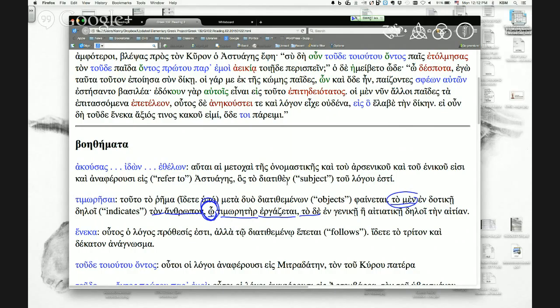Works, does something, right? So what would this word timoreter be? Timoreter.